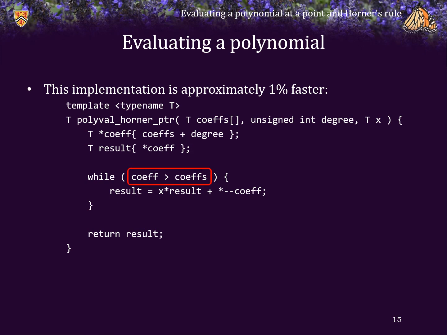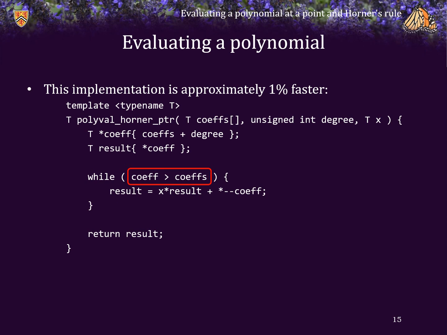We're going to continually decrement the address coef, and we will continue running the loop body so long as coef is greater than the address of the first entry of the array.